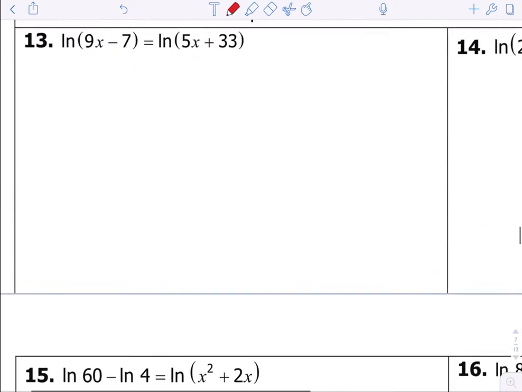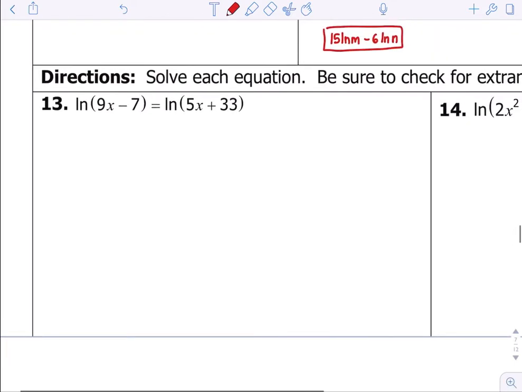Right, now we're going to be solving. So for 13, you guys, notice this is going to be an ln equals ln. So since both of these are ln, all we have to do is just equate this one to that one. So 4x minus 7 is going to equal 5x plus 33, and now we just solve for x.